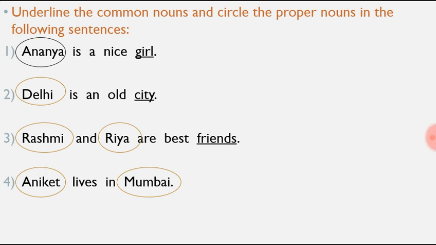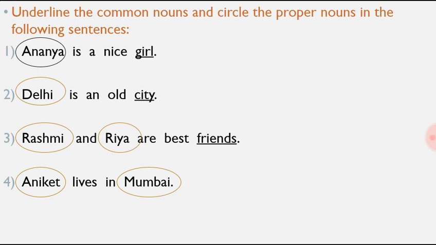So here we will circle it because it is a proper noun, because it is the name of a particular girl. Now in this sentence girl is a common noun, as we have already seen in the example.